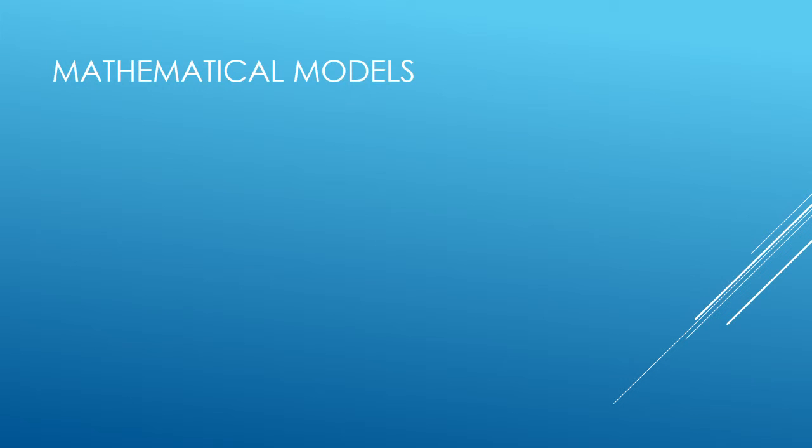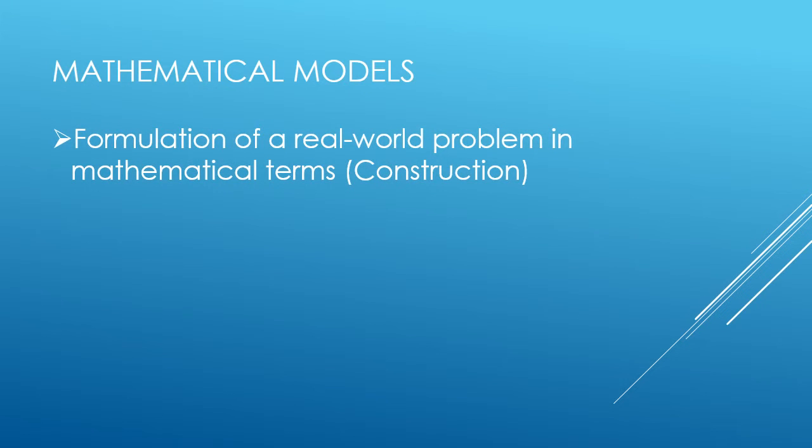So the idea here is to use math to model physical systems, and so we get mathematical models. And the idea here is a formulation of a real-world problem in mathematical terms. So that would be like Newton's law of cooling or a population model. And so we're going to have to construct that to get a math model.